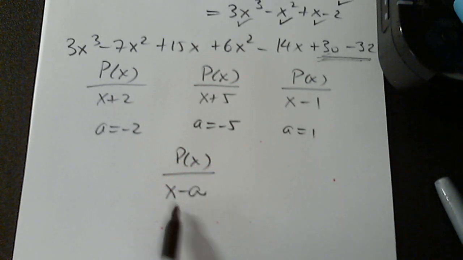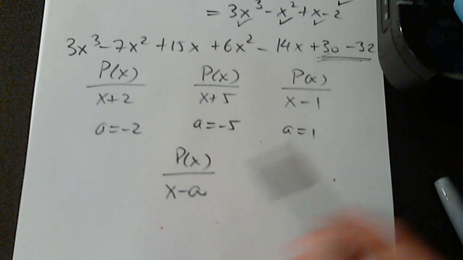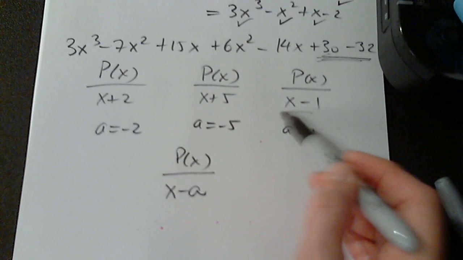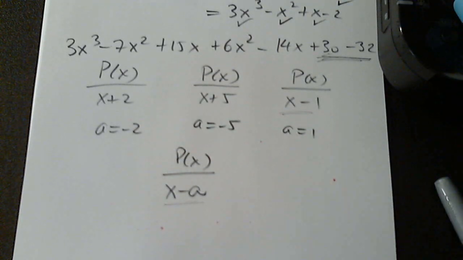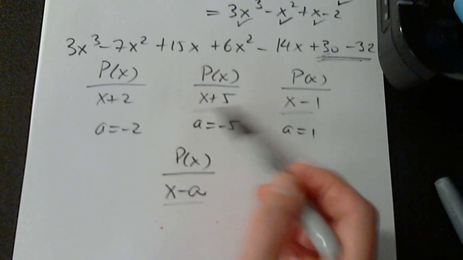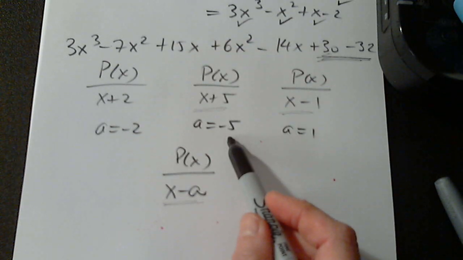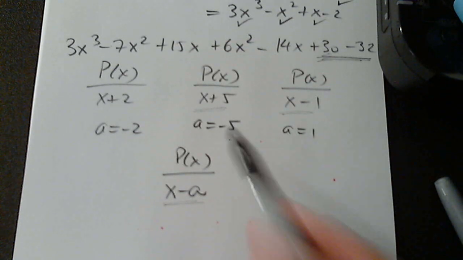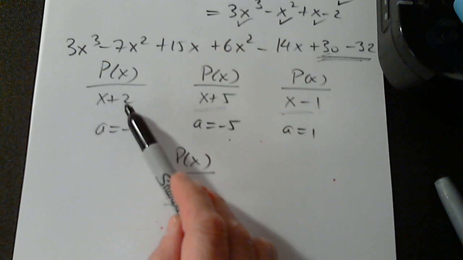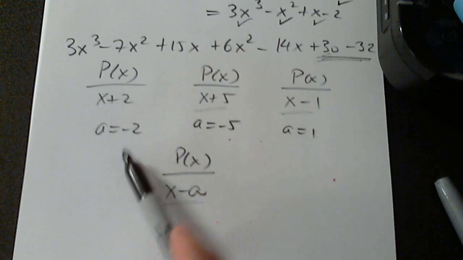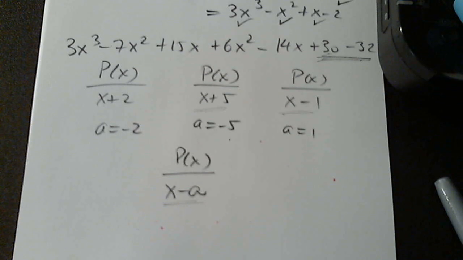And based on this, I identify a. If I have x minus 1, by comparison, a is 1. If I have x plus 5, by comparison, a is negative 5. If I have x plus 2, by comparison, a must be negative 2. Okay. Is that better?